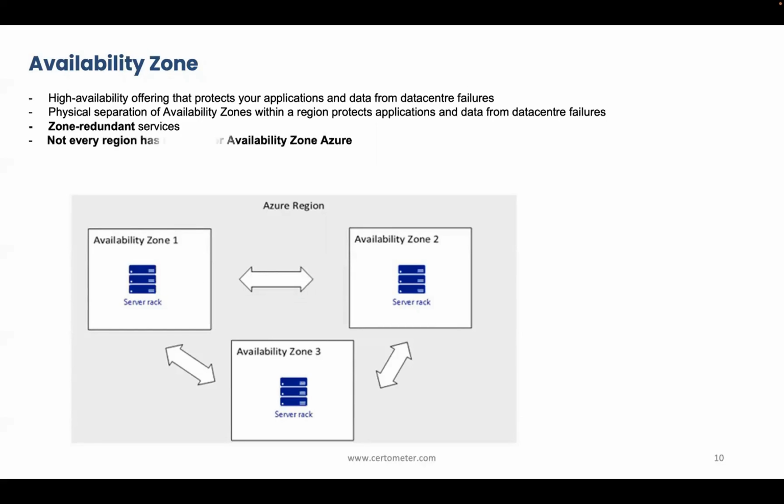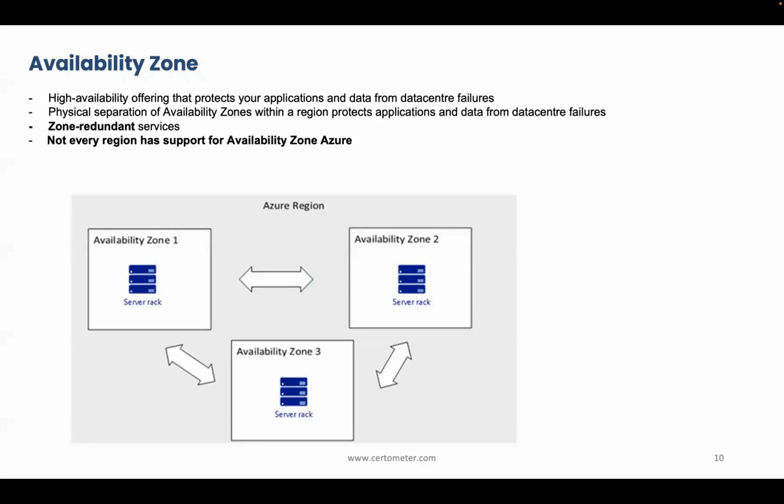Now, one more important point is that not every region has support for availability zone in Azure. Examples of supported regions are Central US, East US 2, and West US 2.